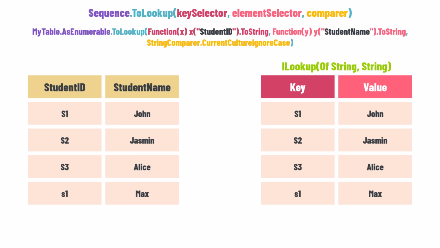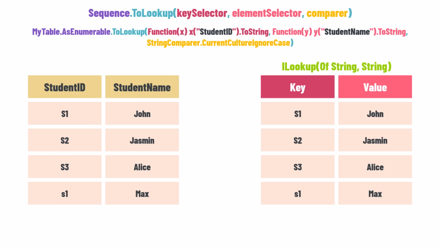Using ToDictionary method an argument exception will be thrown, but using ToLookup method no exception will be thrown. Using this overload, if we use the key S1 in uppercase, we will get the names John and Max as result. If we also use the key S1 in lowercase, we will get the names John and Max as result. So, both keys are considered to be the same key, because I used an ignore case comparer.